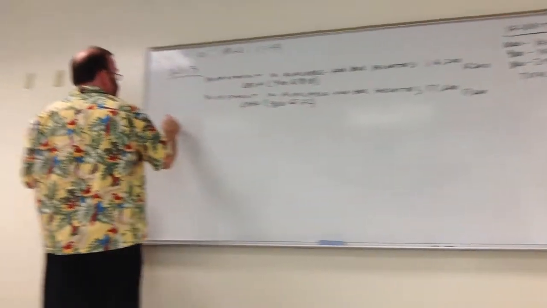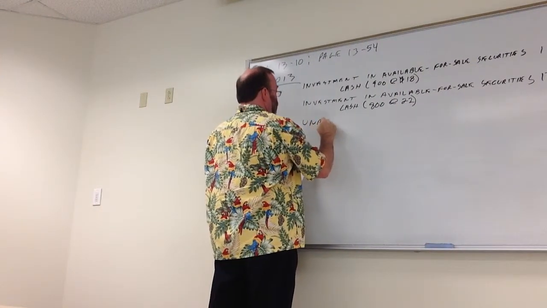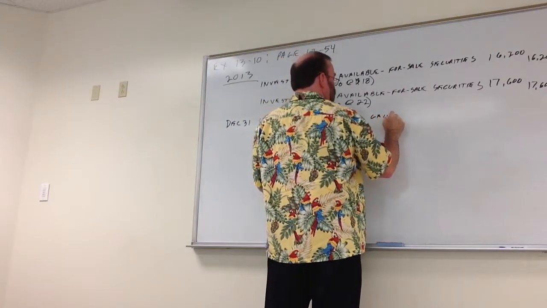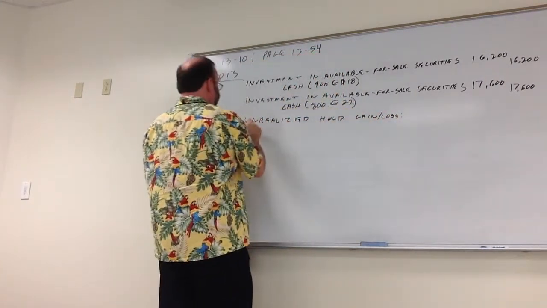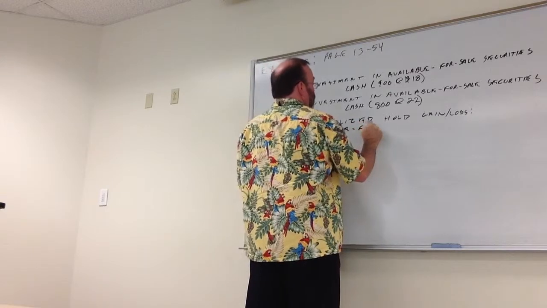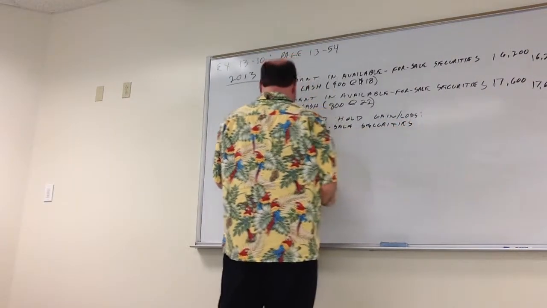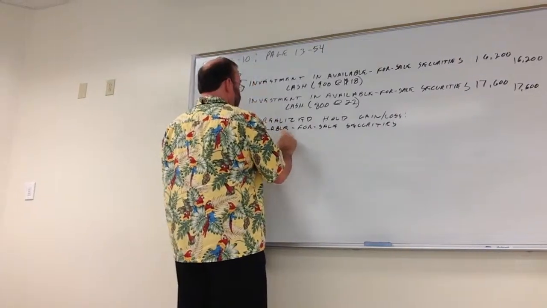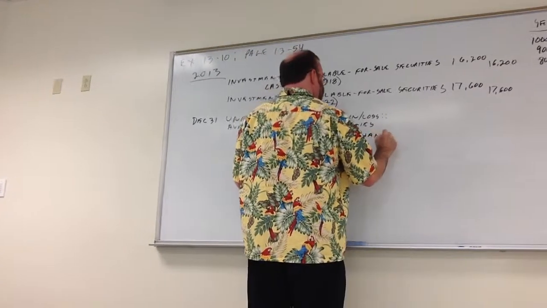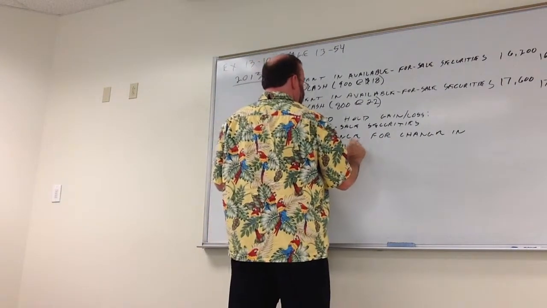So on December 31st, we need to take an unrealized holding gain or loss, this time on available for sale, and our credit is an allowance for change in fair value of investment.